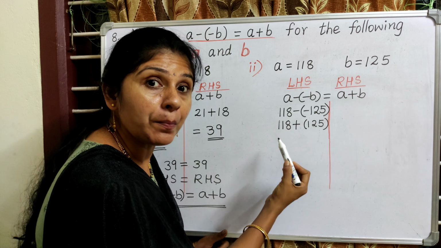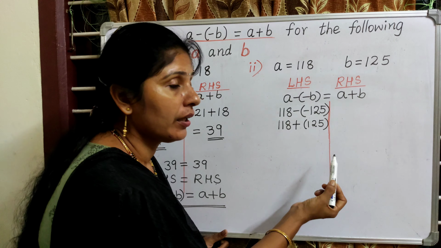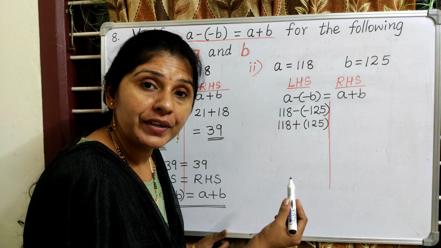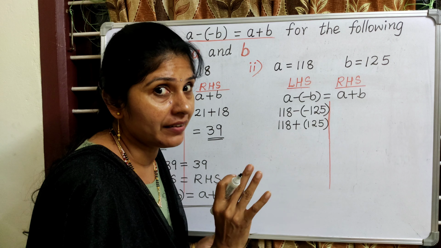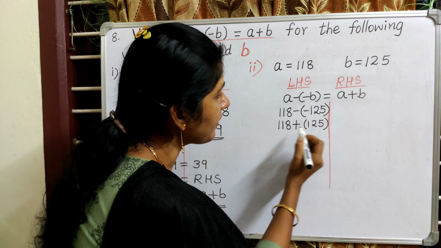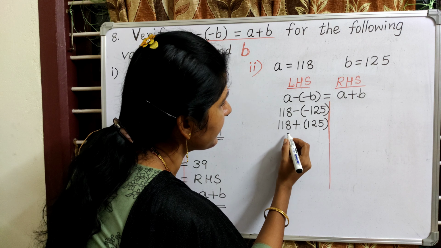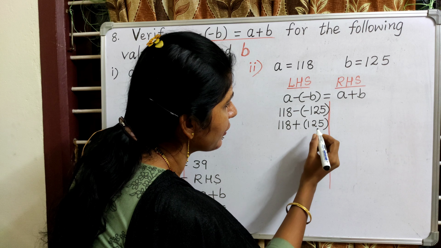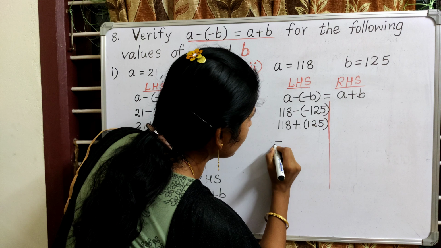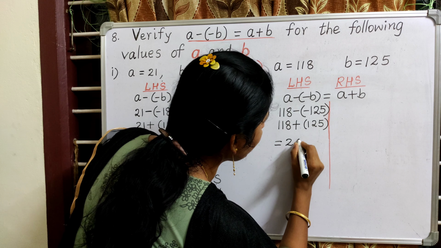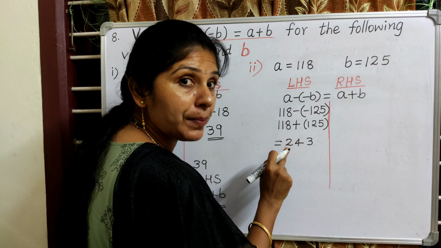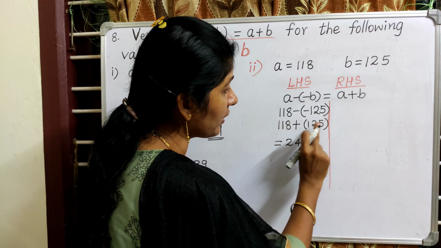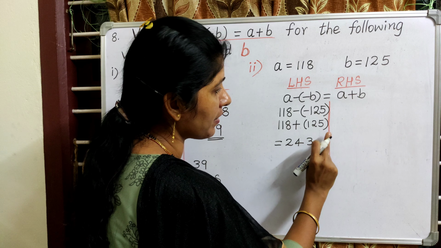Both the numbers are positive numbers. According to the addition of integers, we have to add them and keep the same sign in the answer. So let us add them. 118 plus 125 is equal to 243. Answer gets plus sign because both the numbers are positive numbers.